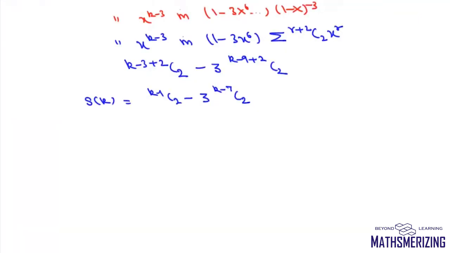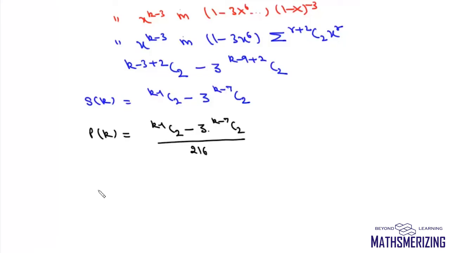Now we need to find the probability that this sum is k. So this probability will be given by k minus 1 C2 minus 3 into k minus 7 C2 divided by the total choices, and that will be 6 into 6 into 6, and that is 216.